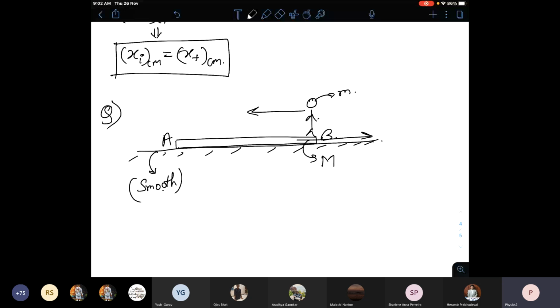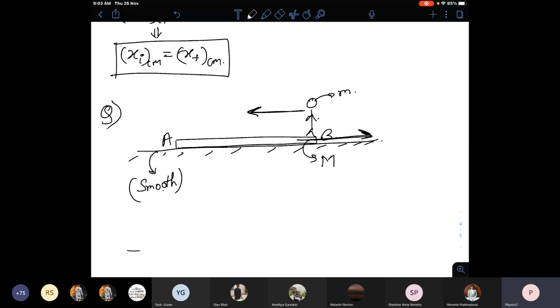When you jump out, the boat starts to move in the opposite direction, in the backward direction. The same thing happens with the plank. There is no friction, no resistance to motion here. So if the man moves towards A, the plank will behave like a boat and start moving in the opposite direction.